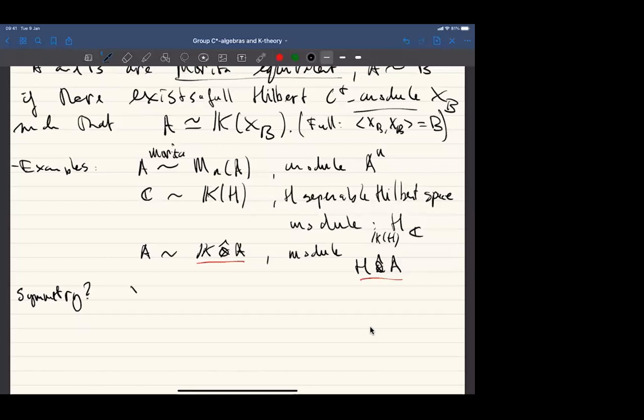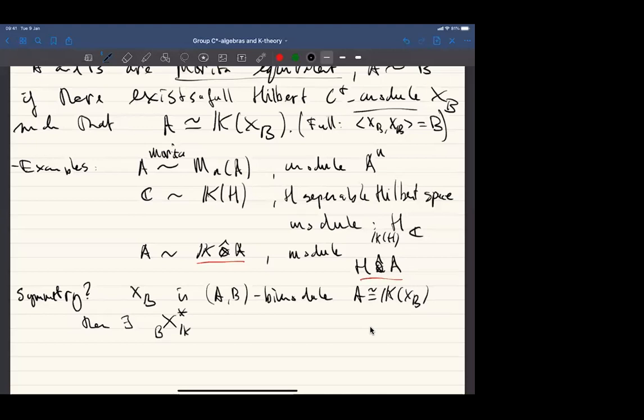Well, if X_B is an A-B bimodule with A isomorphic to K of this bimodule, then there exists a dual module, which is now a left B module and a right A module.